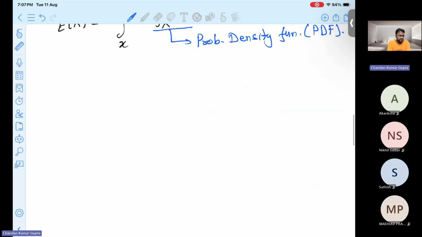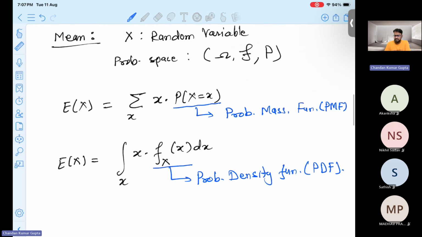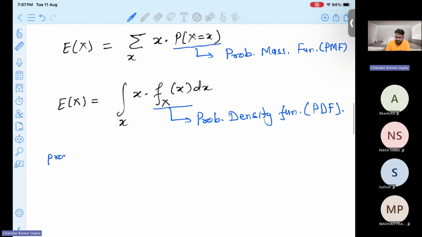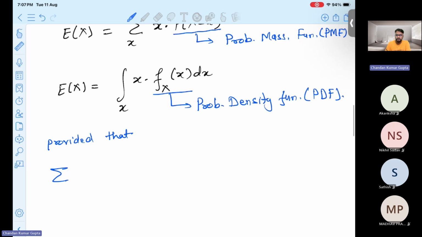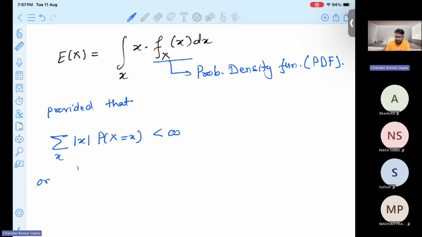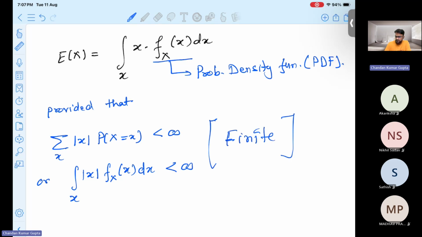Now there is one condition here. This exists provided that the mean of the absolute random variable, that is the sum of |x| times the probability that X equals x, is finite, or in the case of a continuous random variable, if the integral is finite.